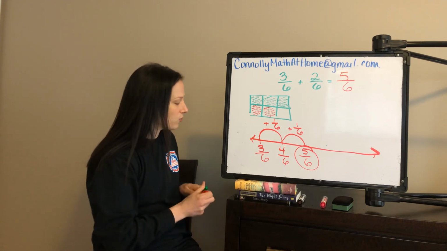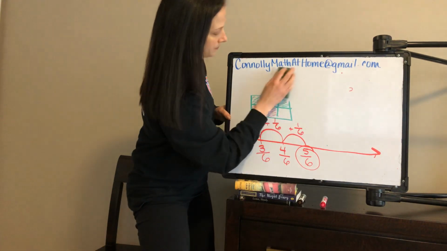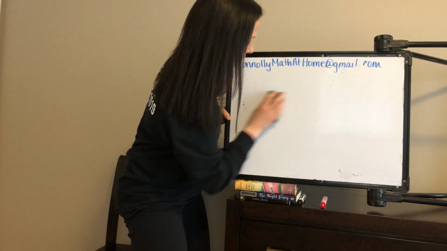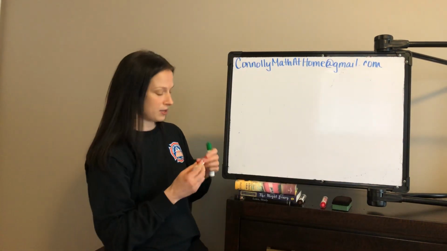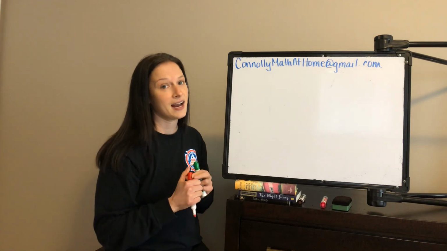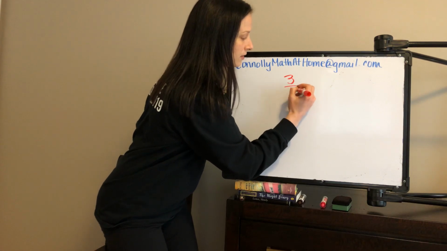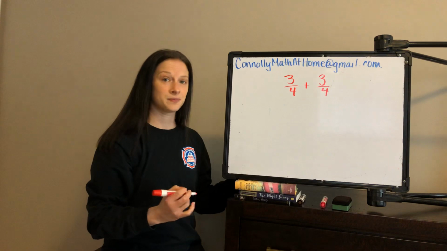Sometimes you're going to add two fractions together that might get you greater than a whole. So let me explain what I'm talking about. Let's say that I ask you to add together 3/4 plus 3/4.